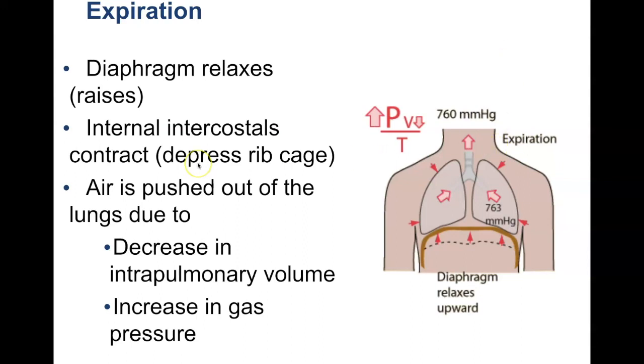Now, our internal intercostal muscles aren't going to play as big of a role here as our external did. For the most part, it's just the relaxing of the external intercostal muscles that are going to help with that expiration. These internal intercostal muscles will contract more though when we're doing forced breathing.